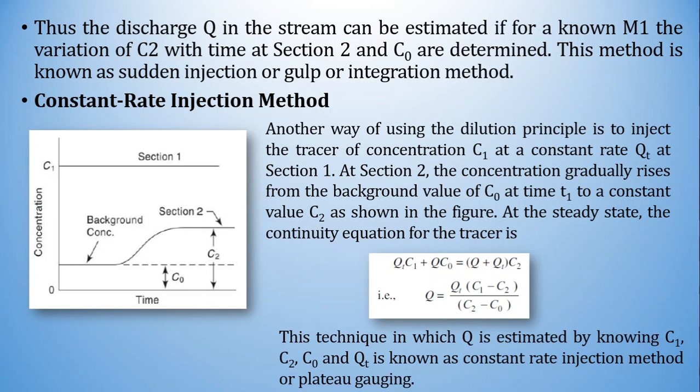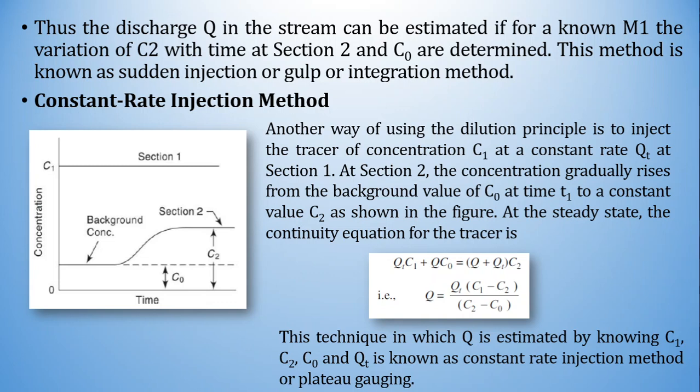As you can see, section 1 is shown with a horizontal line. At section 2 the concentration gradually rises from the background value of C0 at time t1 to a constant value C2, as shown in the figure.